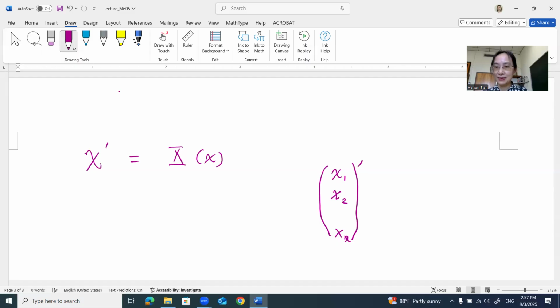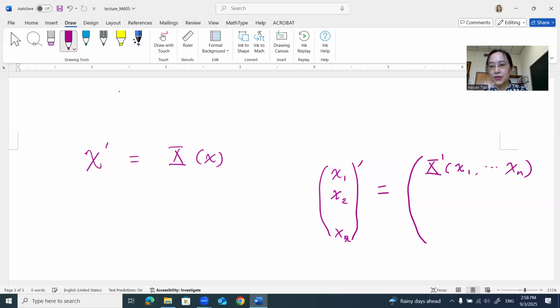And its derivative means for each component, we take a derivative. So this is the derivative of this vector valued function. The right-hand side, if we write in component form, means the first component of the vector field, right? That depends on the small x. Or you can write it depending on each component of the small x.